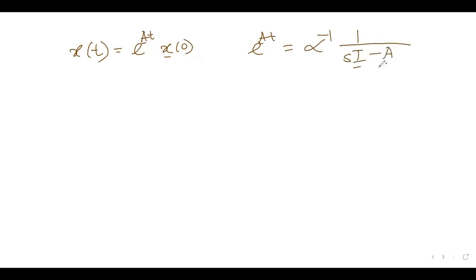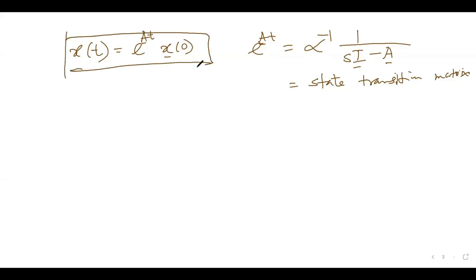This is called the state transition matrix. Is it clear? So the response due to initial condition is e to the power At x0. Please remember this.